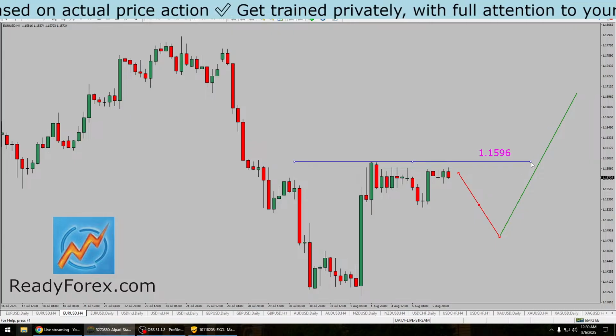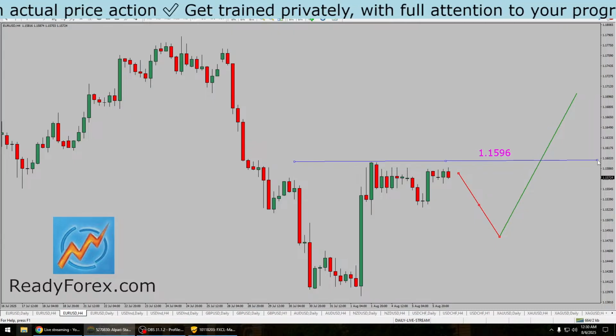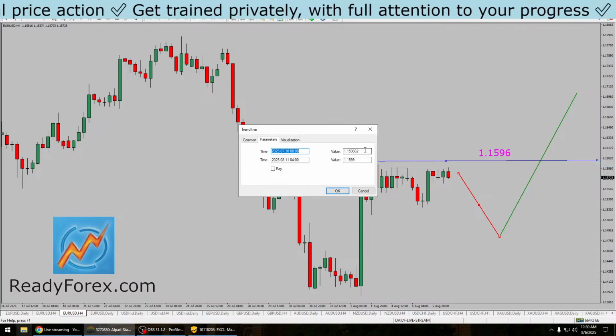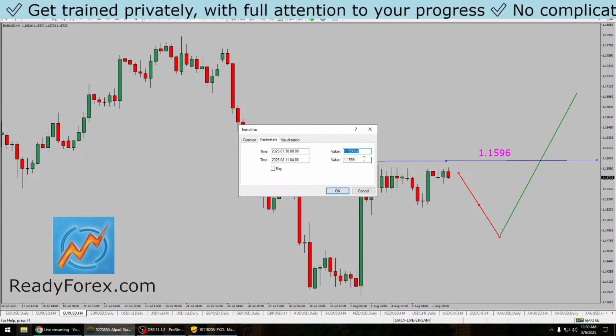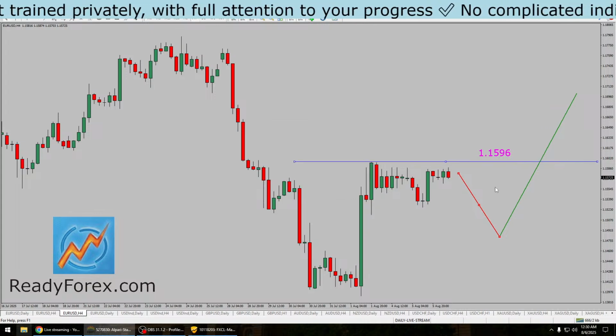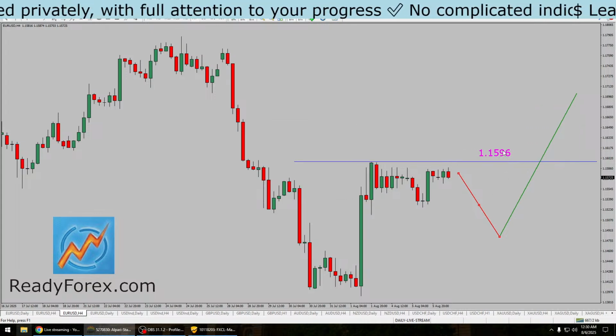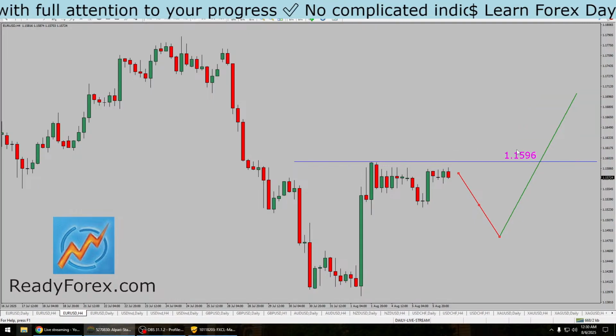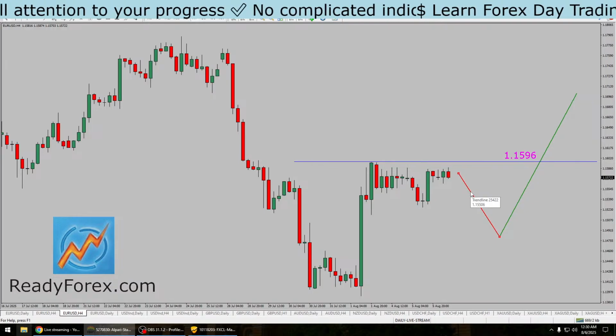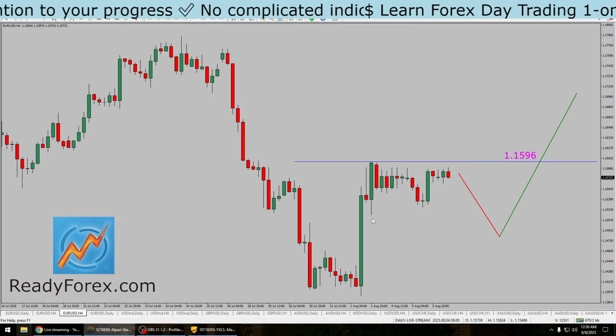Now once we do get a bullish breakout above the 1.1596 level, then the chances are high that price is going to rise up further. Okay, so wait for a bullish breakout. Once you do get a bullish breakout in the euro dollar currency pair, then expect further upside.